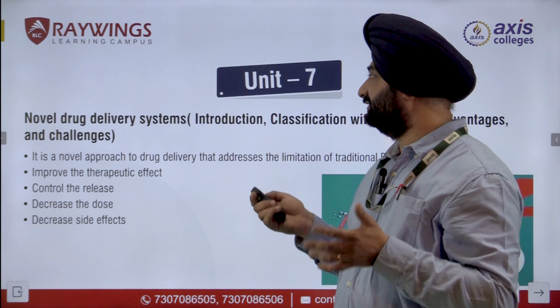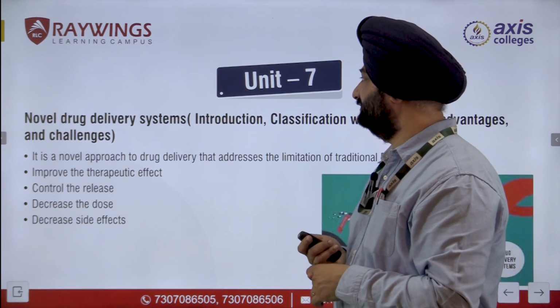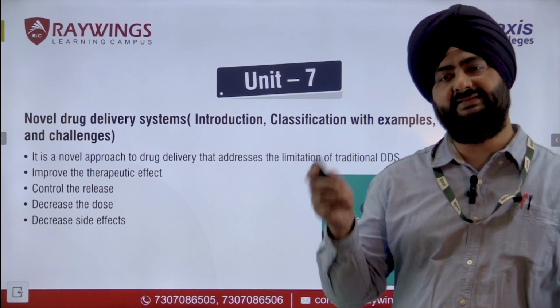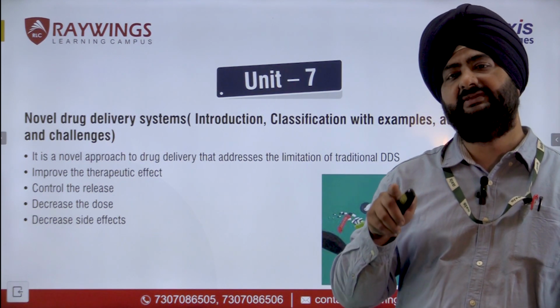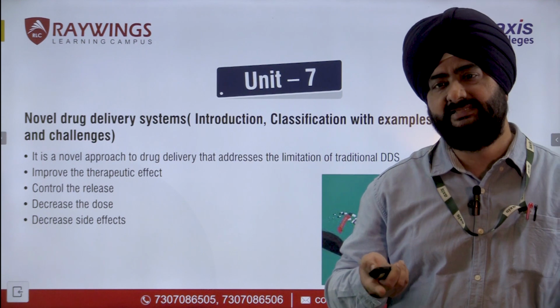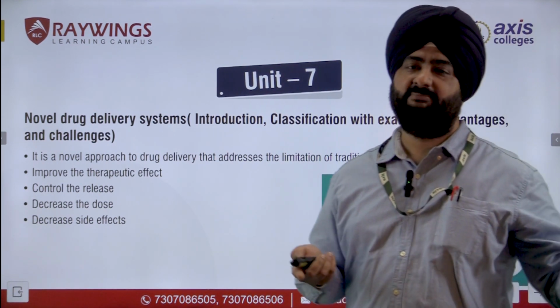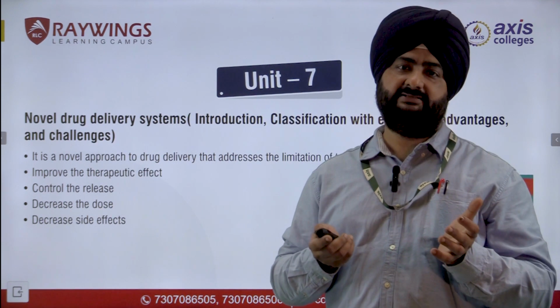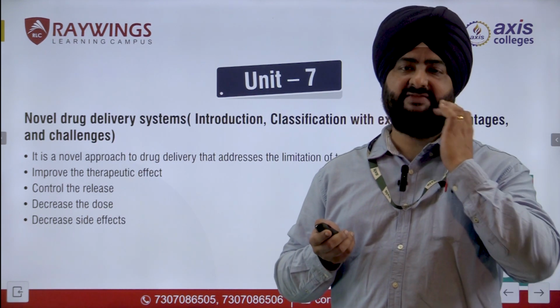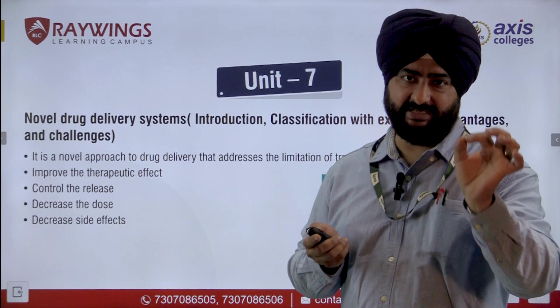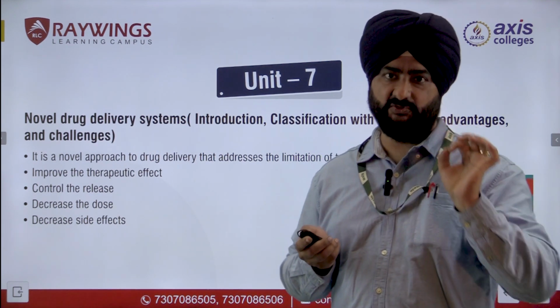So it comes under the category of novel drug delivery system. By this, ultimately, we are decreasing the dose, and secondly, we are improving the therapeutic level of that API or drug by controlling the rate and by delivering it to the particular site where it is going to act. So this is novel.